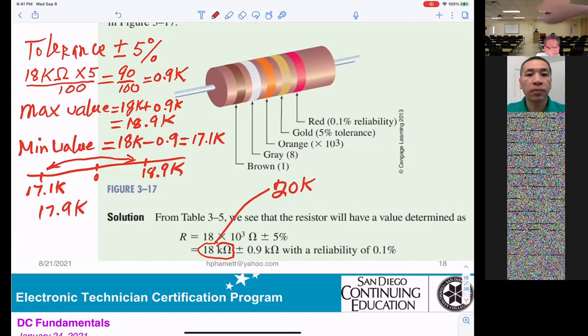If you measure 17.9 kilo ohm, good or not good? Good, perfect. You have to deal with this all the time. Whenever you measure something, you cannot get the exact value. It must be plus or minus some tolerance: 5%, 10%, or 20%.